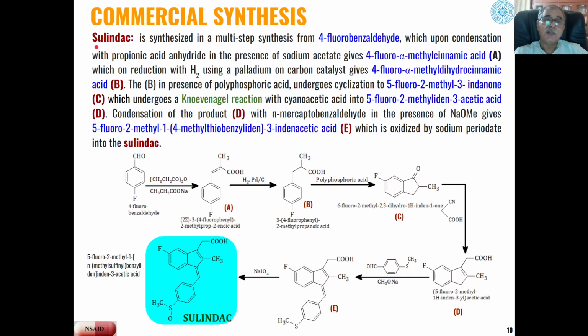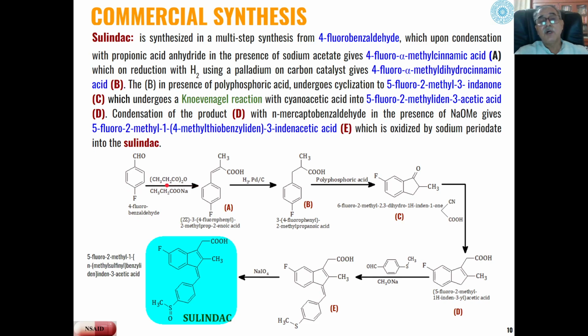Next is sulindac. Sulindac is again synthesized in a multi-step fashion, and here the starting material is 4-fluorobenzaldehyde. This is converted through simple organic functional group transformations.